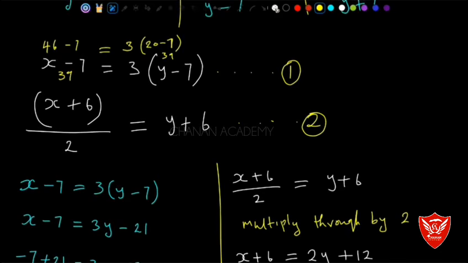Let's also check for the second equation. So the father's age is 46 plus 6, and then the son's age is 20 plus 6. Now, 46 plus 6 divided by 2 is 26. So we have 26. And then 20 plus 6 is also 26.